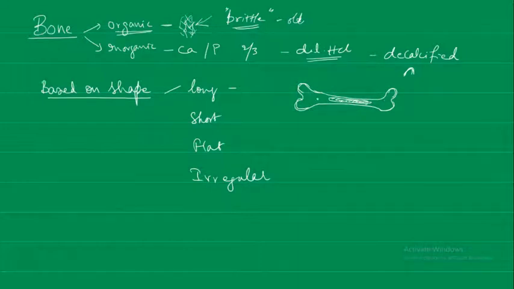At the ends, what you see mainly is a different kind of tissue known as the marrow, for the synthesis of blood.